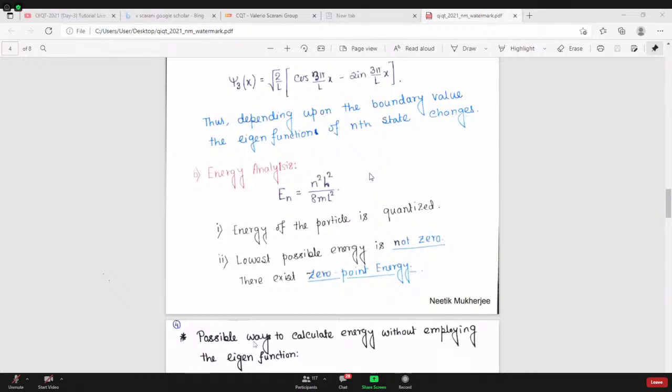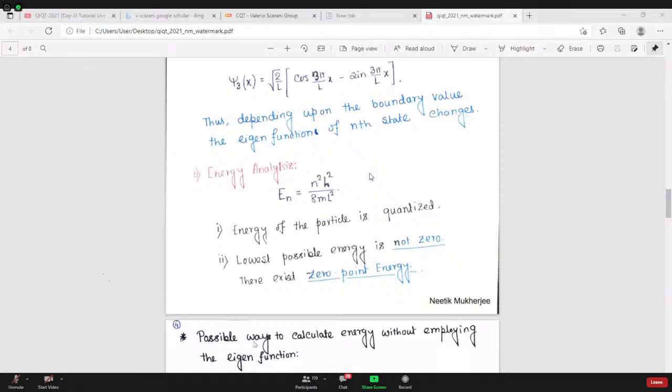And secondly, you can see that the energy value is quantized. That means you have integer values of n, and for integer values of n, your energy exists. I just want to ask you one question at this point. Can you comment whether n is positive or negative here?